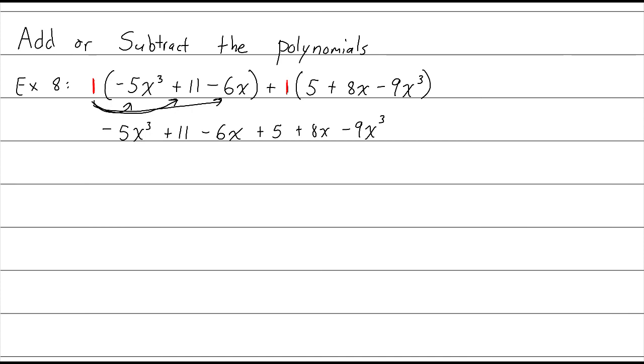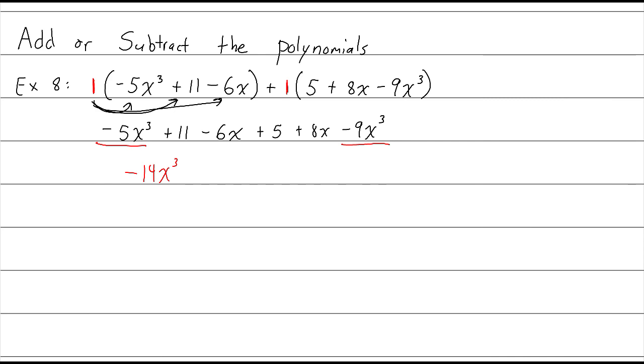Okay, so how much fun is that? Why is this fun? Because this is actually something we've been doing, right? This is just combining like terms. So what are my like terms? Let me color code this a little bit. Negative 5x cubed, negative 9x cubed. Negative 5 minus 9 is negative 14x cubed.